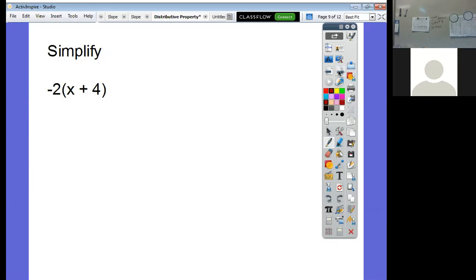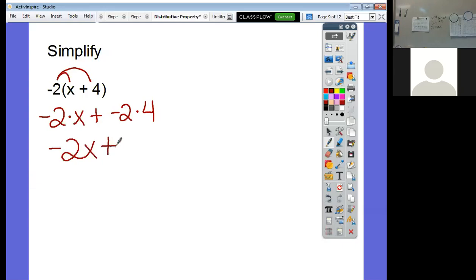All right, here we go. Whoa, look at this one. Now, we have a little problem. Okay, when we distribute this, we're distributing a negative. So it's negative 2 times x plus a negative 2 times 4. Negative 2 times x is a negative 2x. Negative 2 times 4 is a negative 8.